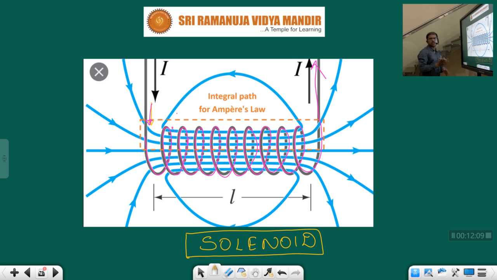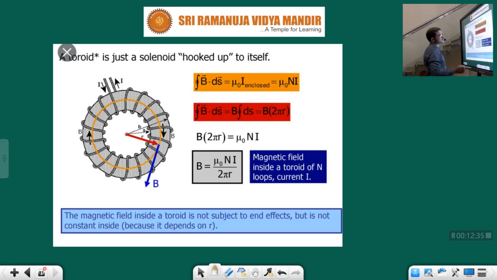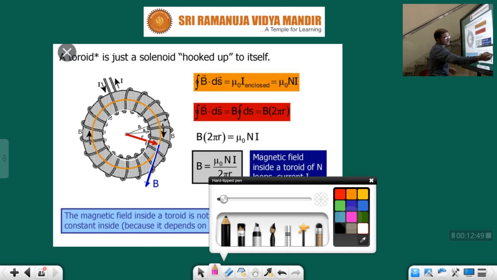We use this model while constructing transformers, and in small alarm setups like doorbells, in everything we employ this one, the solenoid. Suppose if we bend this solenoid, it becomes a toroid. Okay children, it becomes what? Toroid. Same as this one, if you bend it like this, it becomes a toroid, and here also magnetic flux will be there.